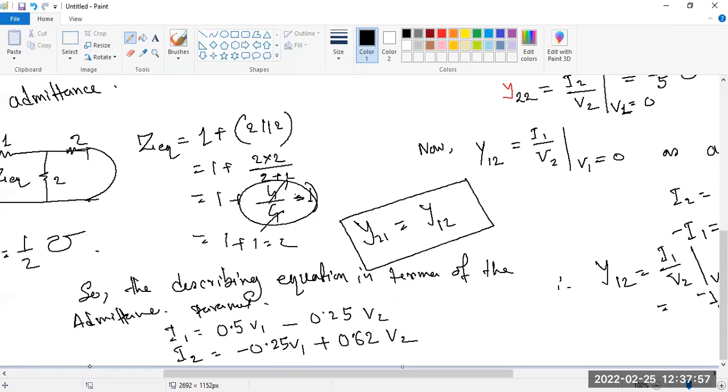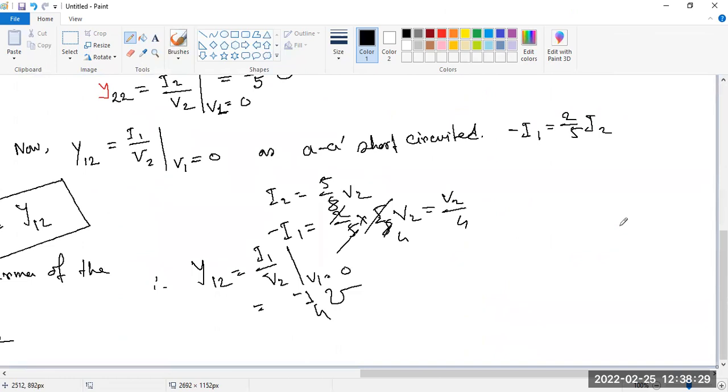Okay, so now this is the numerical of Y parameter or admittance parameter.